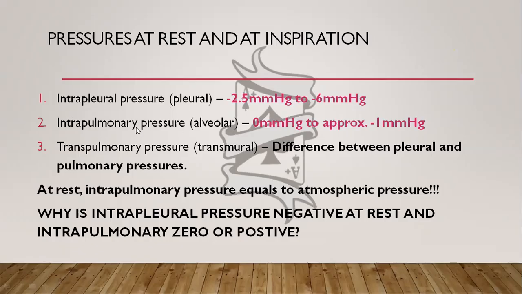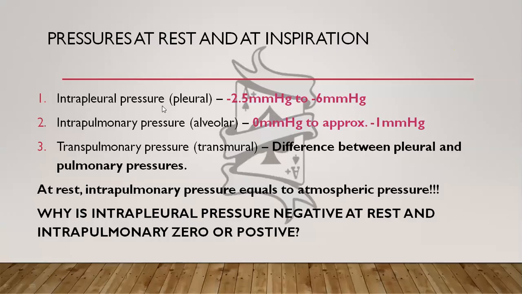So the intrapulmonary pressure at rest is going to be equal to the atmospheric pressure. And again, this value is relative to the 101,000 pascals. So really and truly, if I had said this value is 101,000 pascals or 0 pascals, it will be the same thing because everything is going to be relative to the atmospheric pressure.